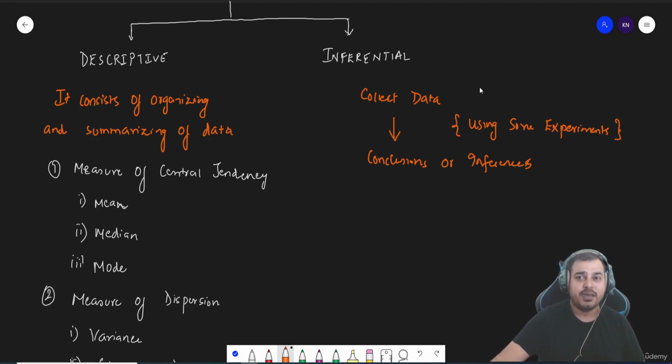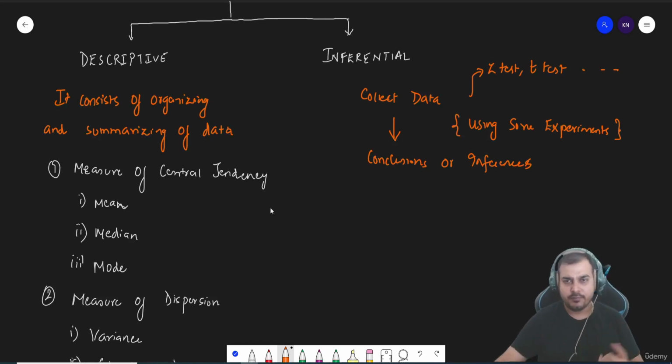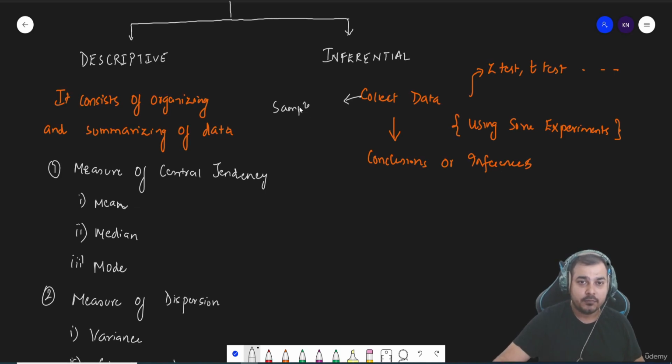There are different kinds of experiments. Some of the experiments which we basically use are z-test, t-test, and many more, and all these things we'll learn. First of all, we collect some data, and this data is usually called sample data. Then through some experiments, we make some conclusion, and this conclusion is made for some other data, which is called population data.